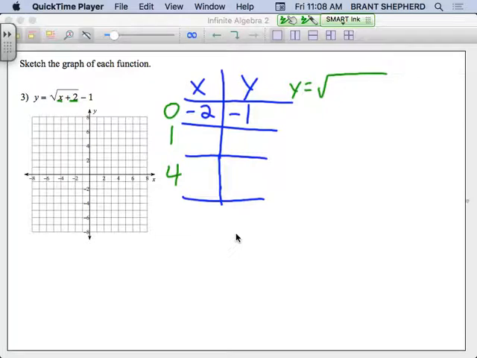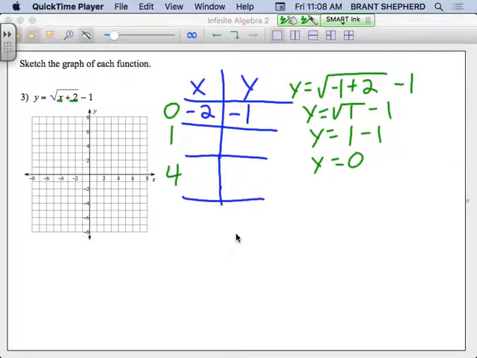Well, if I put in -1 plus 2, -1 plus 2 is 1. The square root of 1 is 1. And so my y is 0.